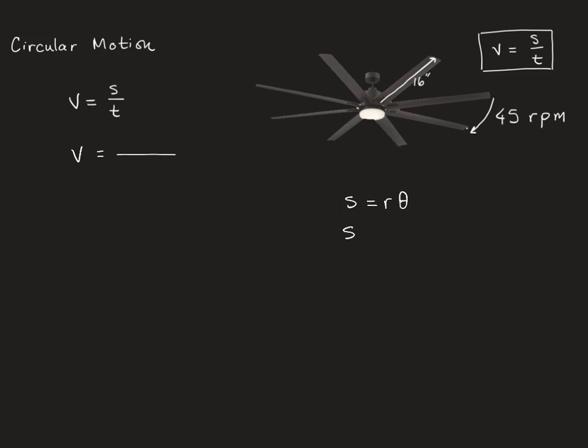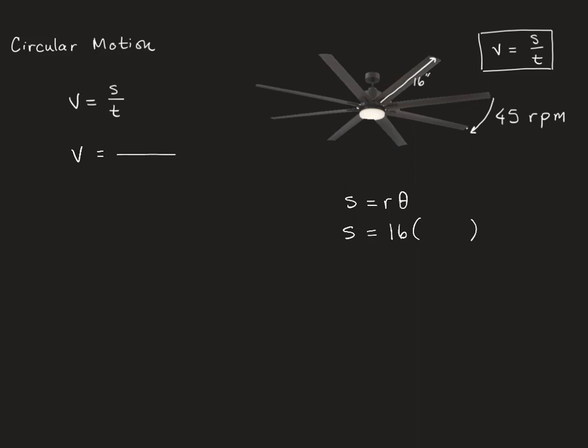Well, in this case, r is 16. What is theta? The fact that this fan goes around 45 revolutions per minute basically means that it turns one full cycle 45 times in every single minute.